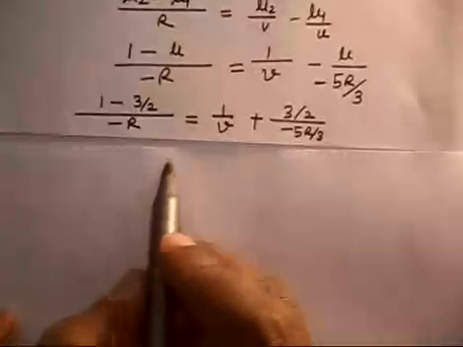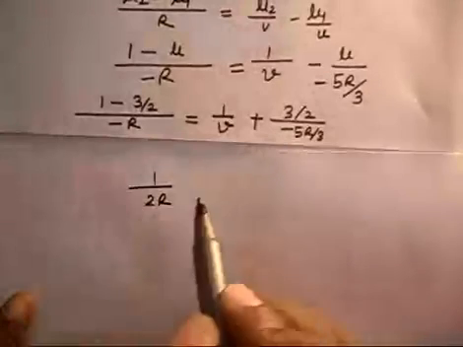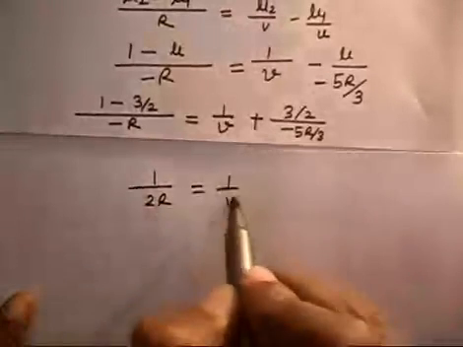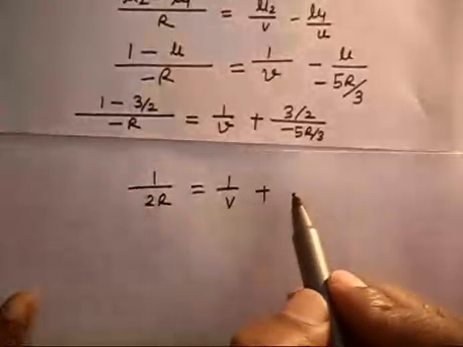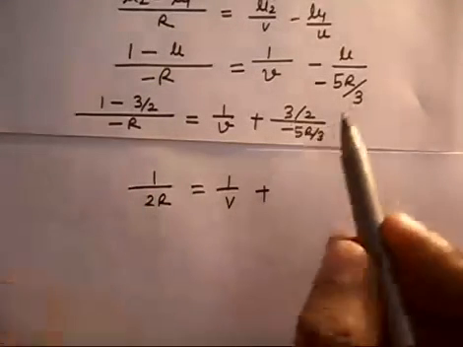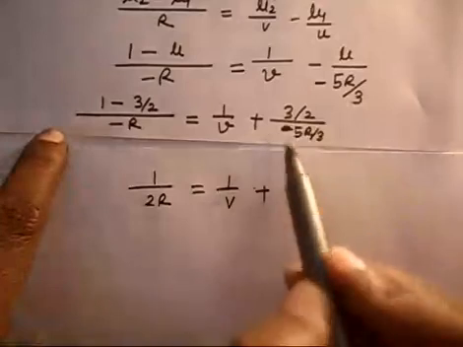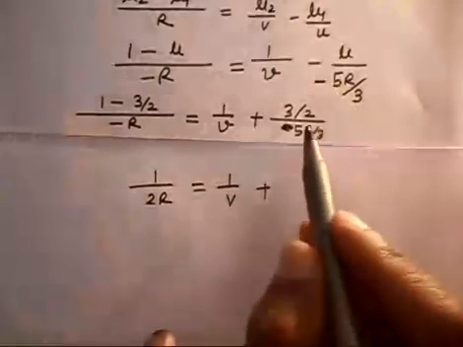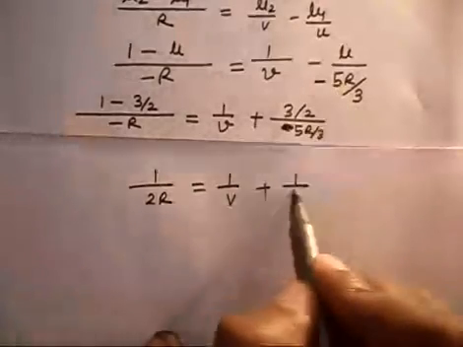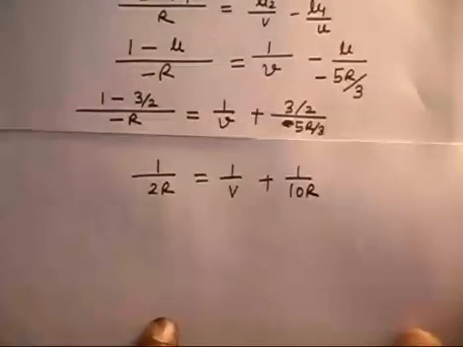This is minus half, so this is 1 by 2r, equal to 1 by v plus, so 3 cancels out. Minus minus plus, I have already cancelled this one. So 3 cancels out, so 1 by 10r. Am I right or not?